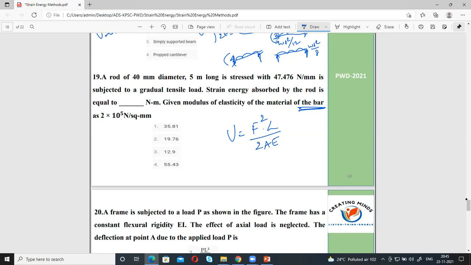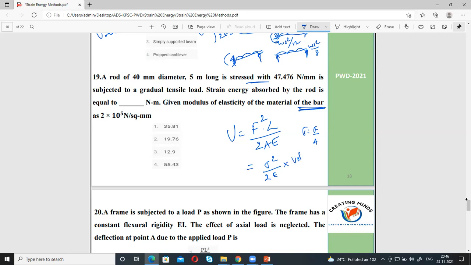Here stress is given. Stress is F by A. So for this, which equation is suitable? Sigma square by 2E into volume.